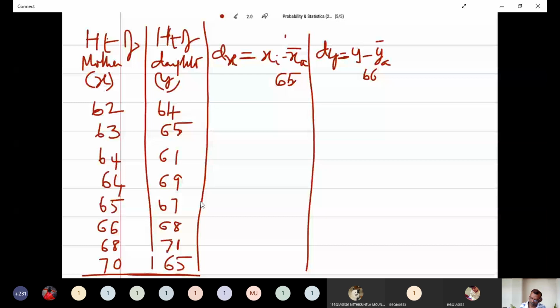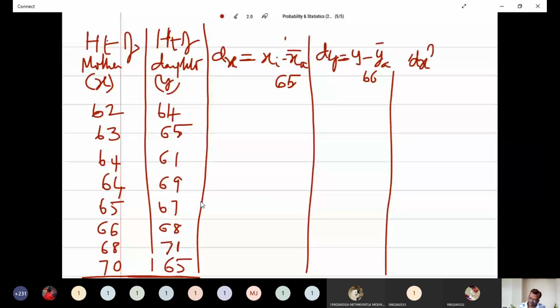66. Now dx square, then dy square, then dx dy. Shall I move into the lower space? For visibility, I will erase this one.